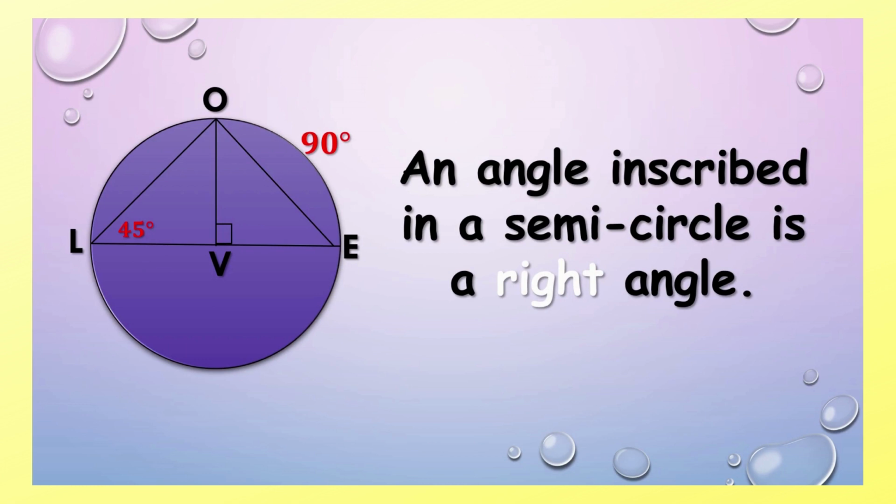Ito tandaan ninyo class ha, an angle inscribed in a semicircle is a right angle. Kung ang kanyang intercepted arc ay semicircle, therefore yung ating inscribed angle is a right angle.